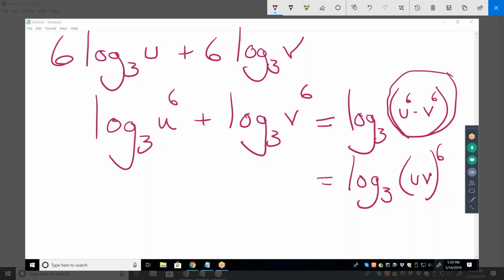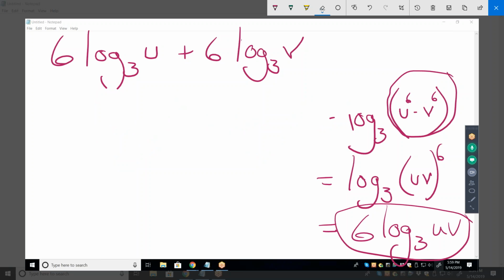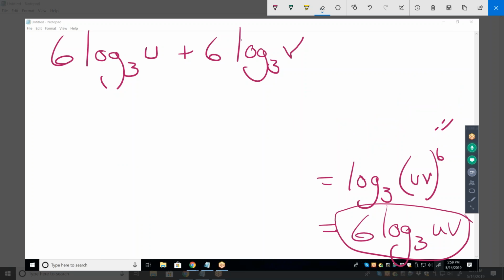And you can either leave it like that, or you can take that 6, bring it down, and have that. That's a proper answer. But notice there is a different way to do this. I could also get it by factoring out a 6.